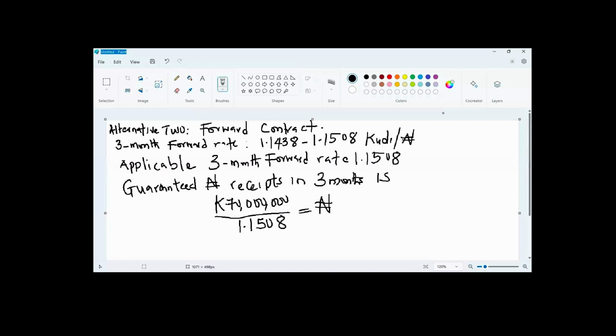70 million divided by 1.1508. That will give me 60 million, 827,258.